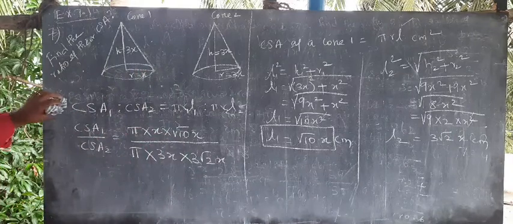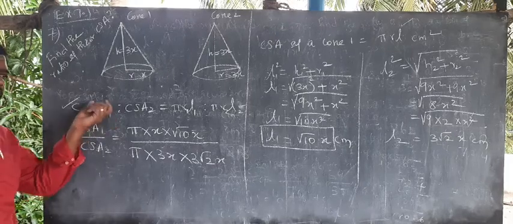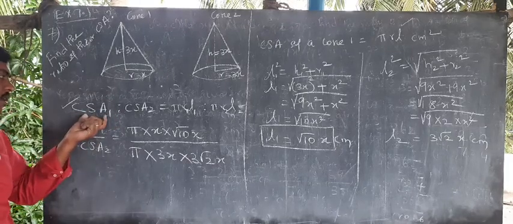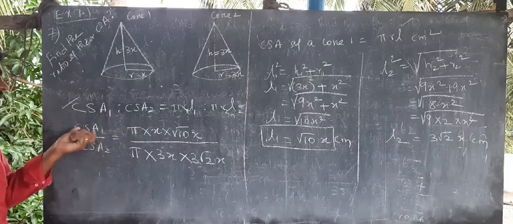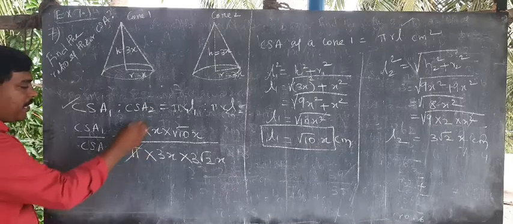So this step no need to write in the examination. This is only for reference. You want to find the ratio, so how do we have to write? By CSA of cone 1 and by CSA of cone 2. Pi will be cancelled.